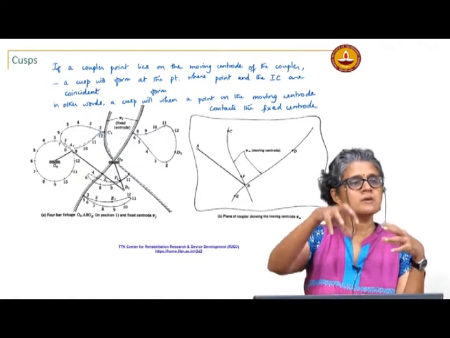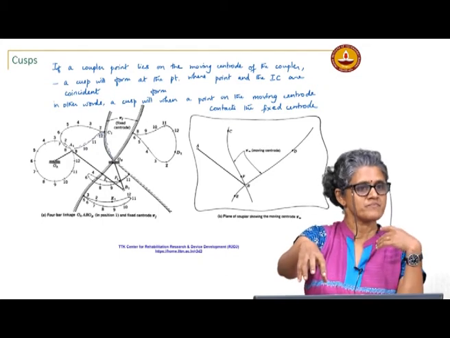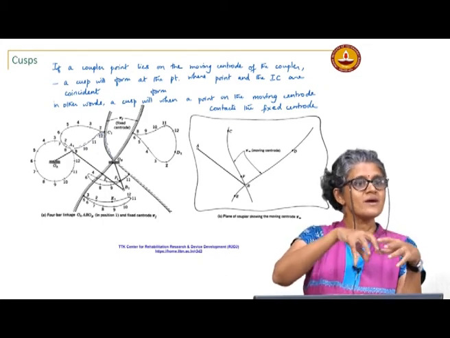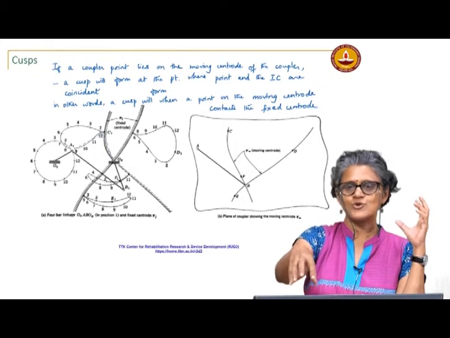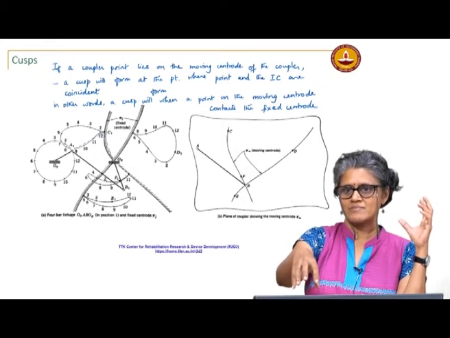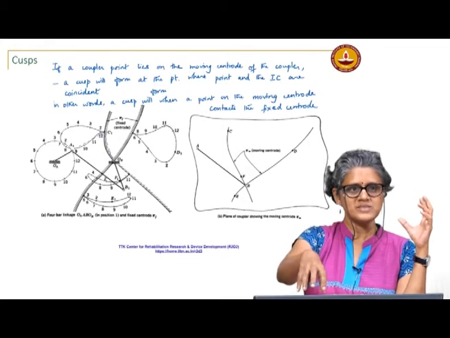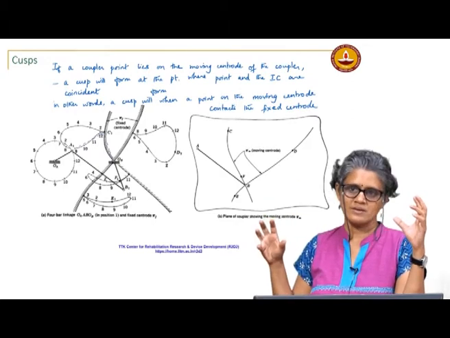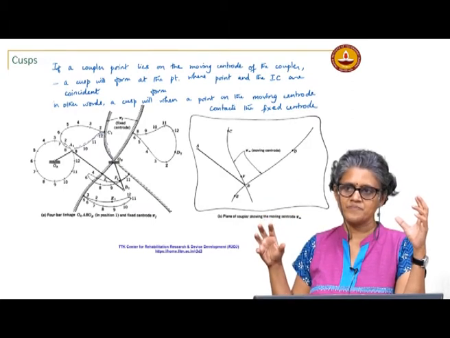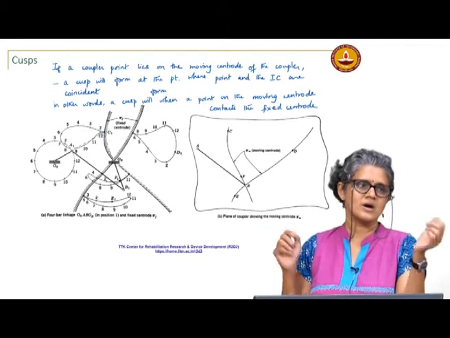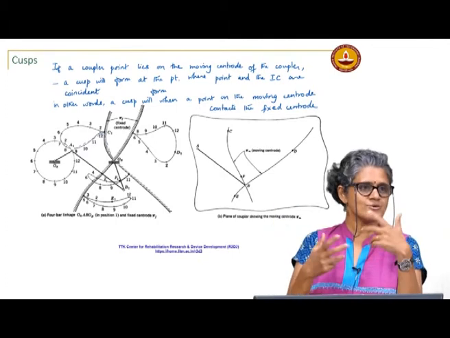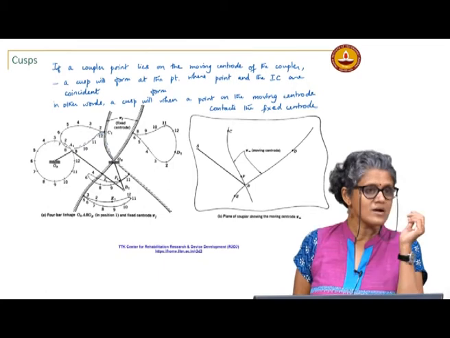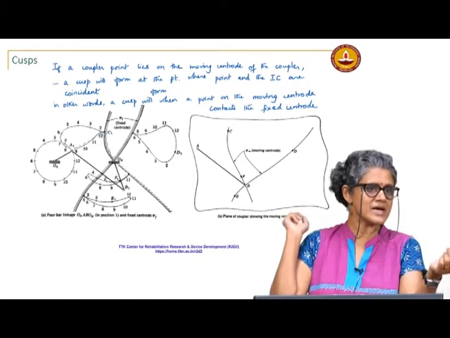So, if you want to do a pick and place operation, you locate it at the cusp. It will place it and smoothly retract, so there is no shock due to the change in the direction of the velocity.